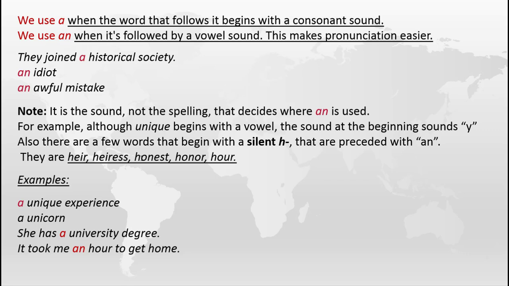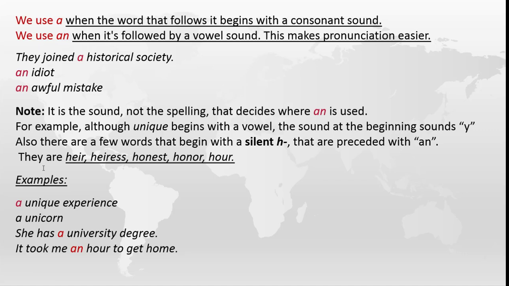Okay, let's look at some more examples. A unique experience. A unicorn. She has a university degree. Okay, in these cases, you can see the sound of U is not U, it's yeah. So we prefer to say a university degree.